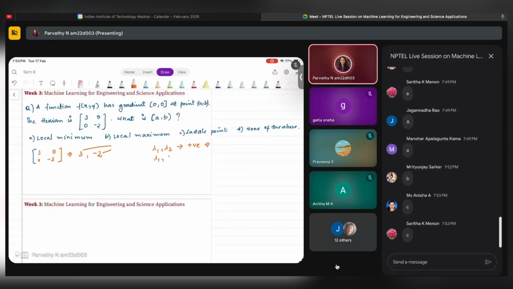If both of them are negative, then we say it's a local maximum. But here one is positive, one is negative, so it is a mixed sign. So in this case, it is a saddle point. It is not positive definite or negative definite. So the answer is C.